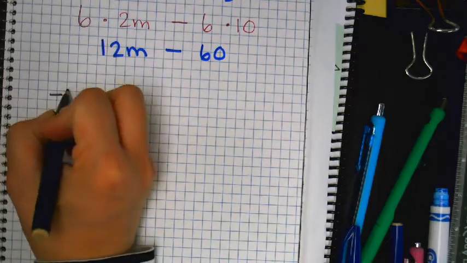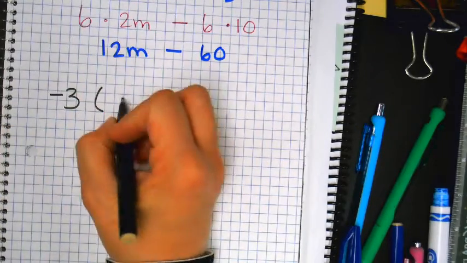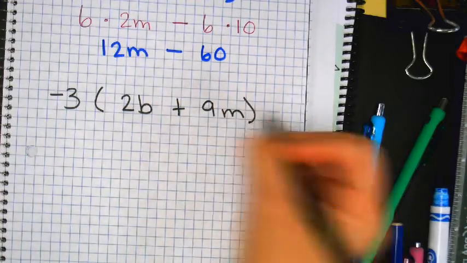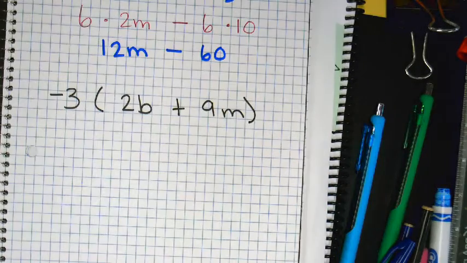Negative 3 times 2b plus 9m. How do you give negative candy? That's when I steal your candy.